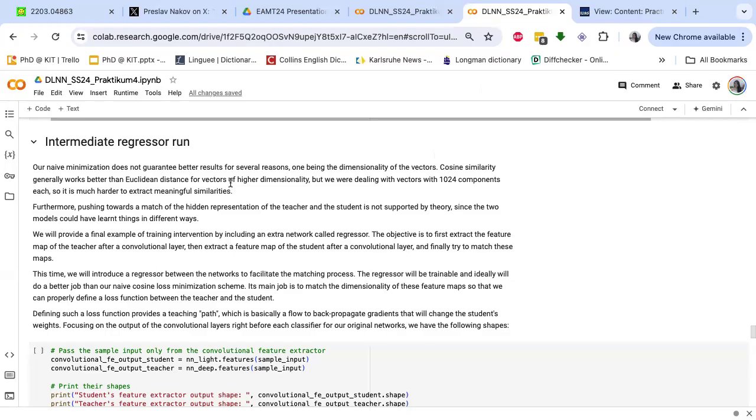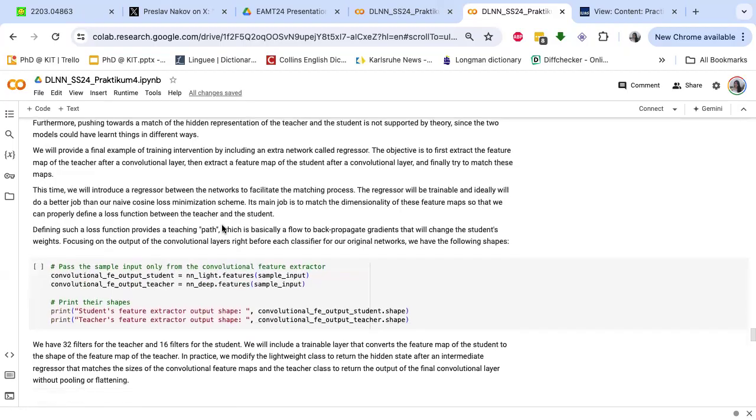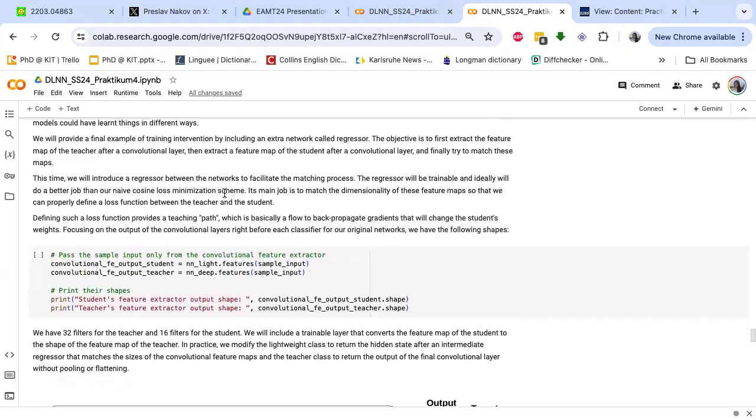So it might be difficult to extract meaningful similarity just by cosine similarity. So in this section, instead of trying to push those two vectors to be close to each other, we would include a network regressor, like a trainable module, in order to map those two vectors together. And hopefully it will give us better performance than the approaches before. This part I already mentioned.